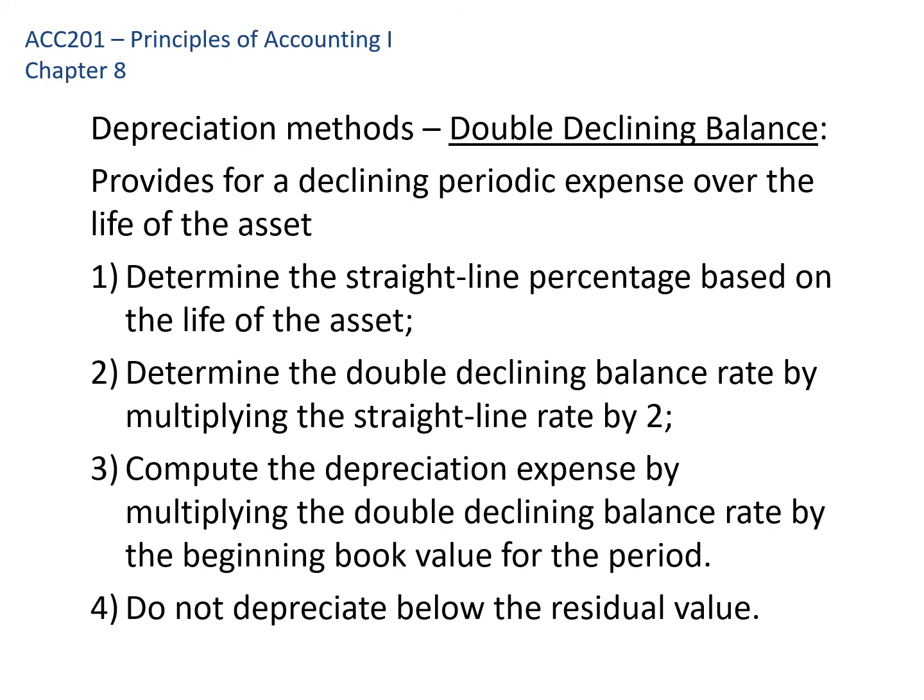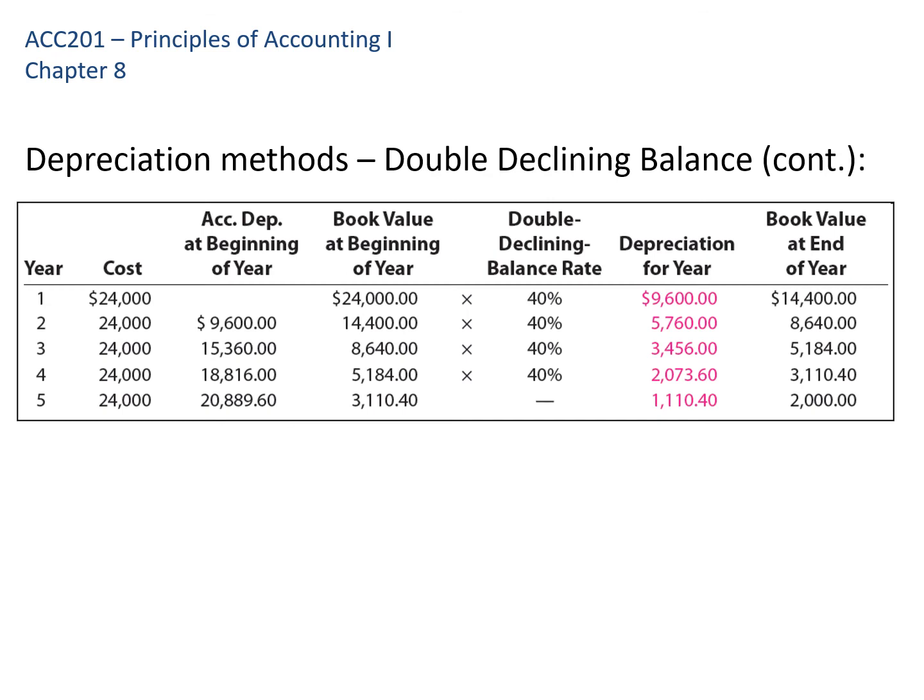So I'm going to show you an example here. I have an asset that costs the same asset we've been talking about. And now I'm going to ignore the salvage value and just start with the total cost, because that's the book value, right? At the beginning, I haven't depreciated it at all, so the book value is the cost. So I start with $24,000. Multiply that by 40%.